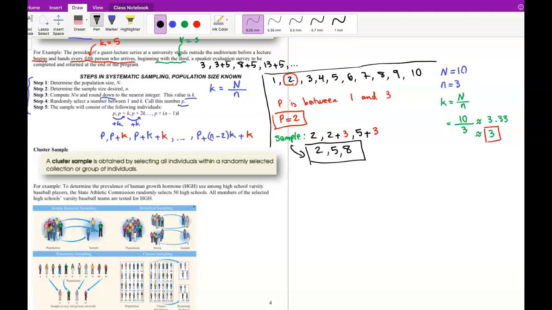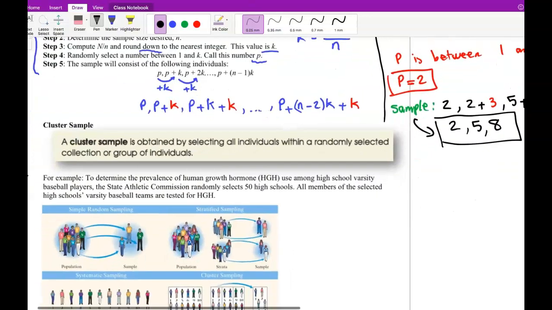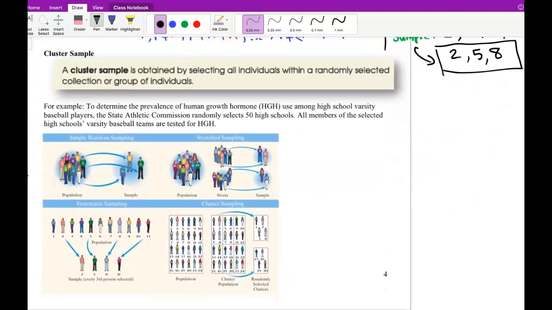Okay, then the next one is cluster. A cluster sample is obtained by selecting all individuals within a randomly selected collection or group of individuals.